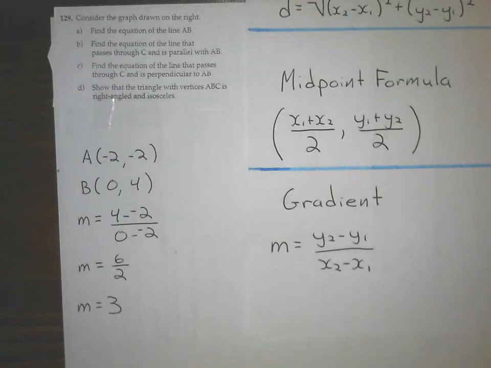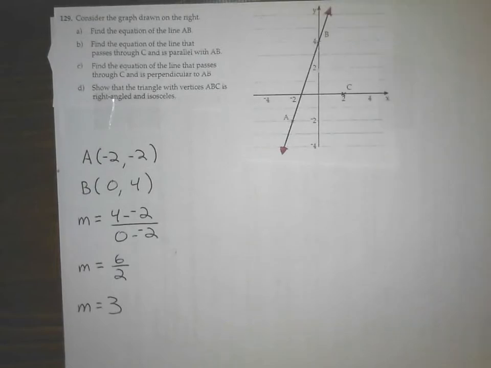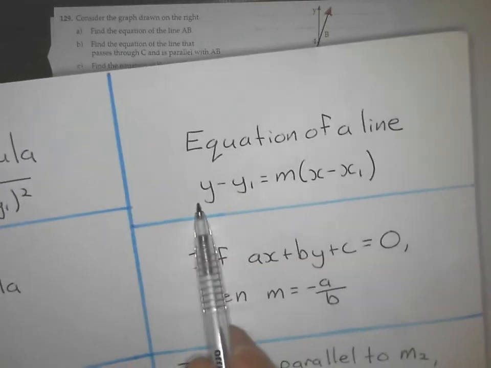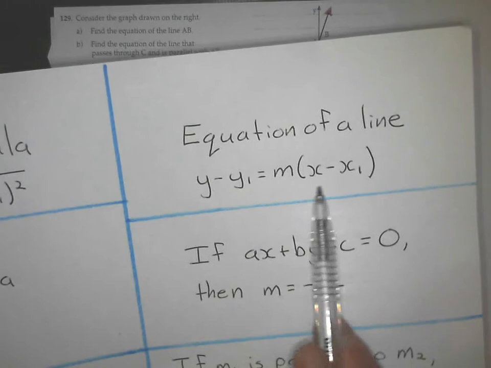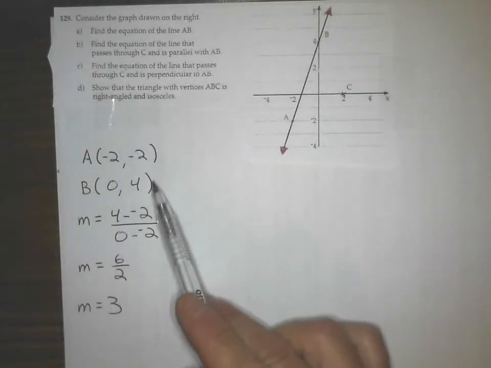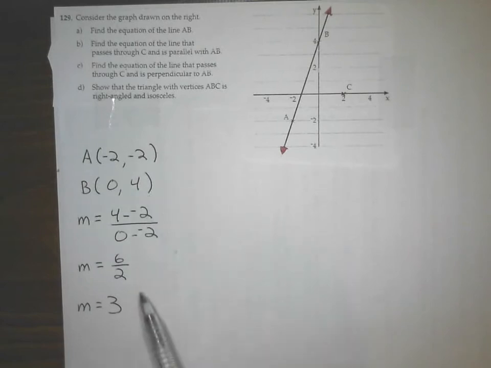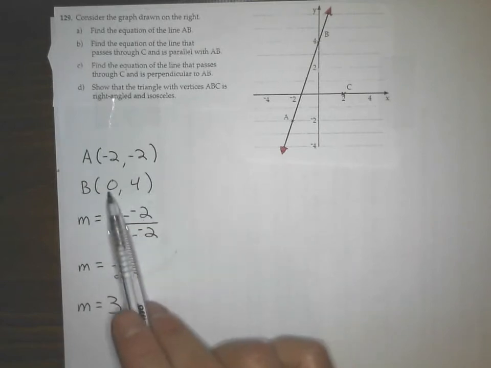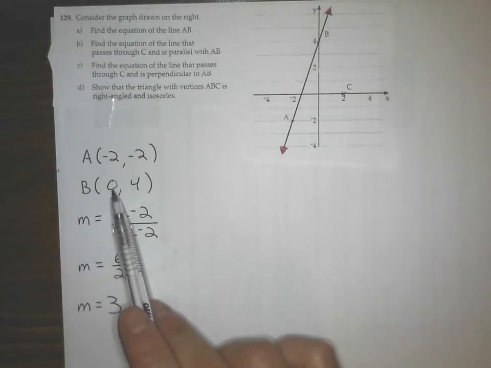Great. Our next step is to use the equation of the line formula, the point gradient, to write the equation using either one of these points. And I think I'll use this point because it has a 0 in it and it'll make it a little bit easier. So let's do that.